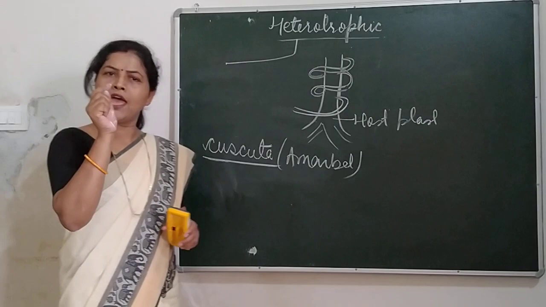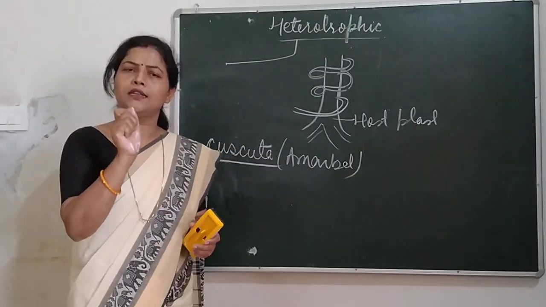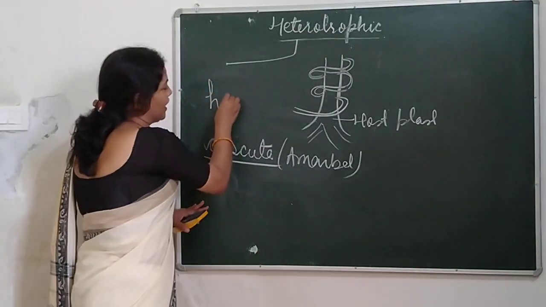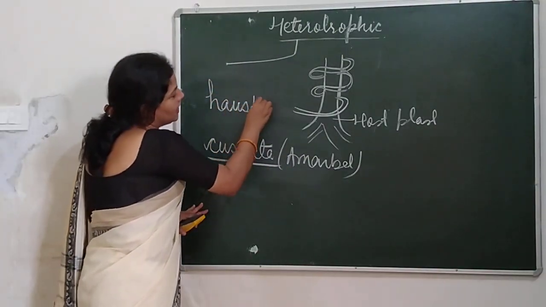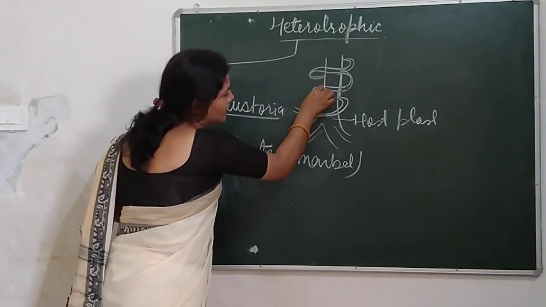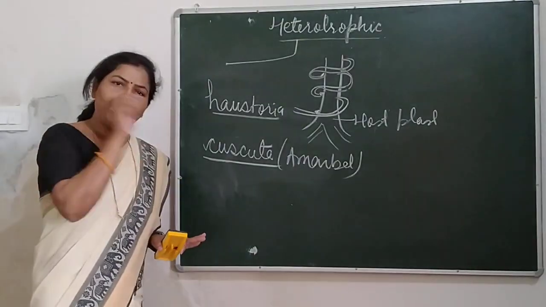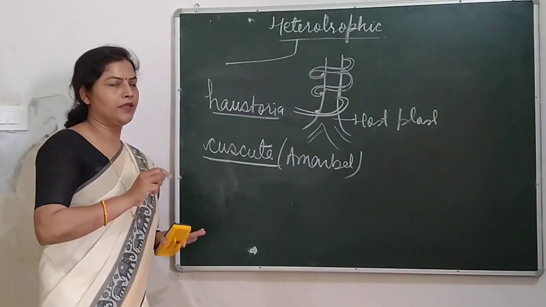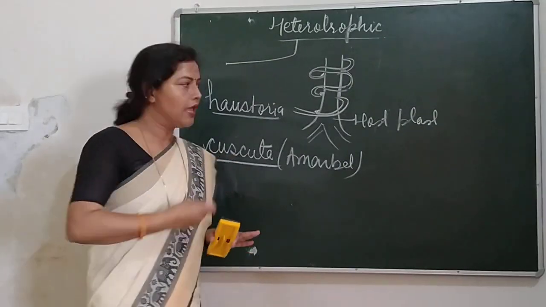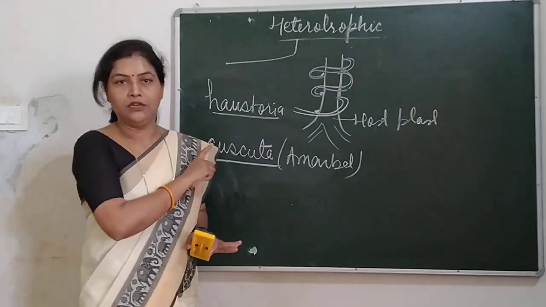They have a thorn-like structure, a structure like thorns, which we call haustoria. These are the thorns. They prick the host plant, they go inside the host plant and they start absorbing food, water and minerals for their survival.